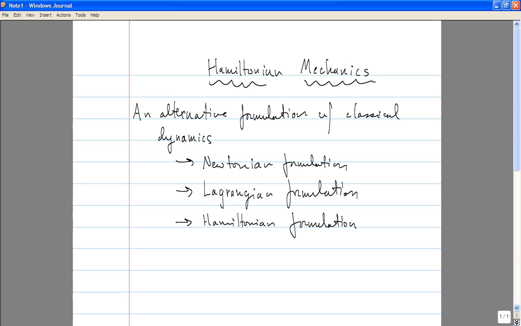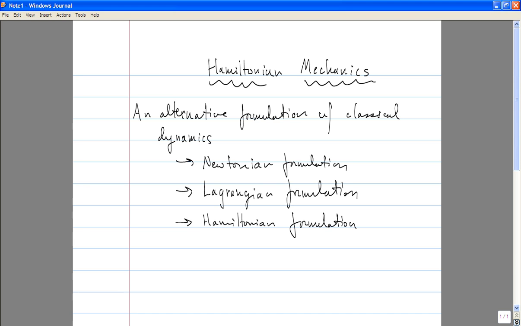Now, the advantage of the Lagrangian formulation is that it made things conceptually simpler because it allowed us to understand things like Noether's theorem and the relationship between symmetries and conserved quantities. But the Lagrangian formulation was also an extremely efficient machinery for computing equations of motion. Indeed, it was much simpler to compute equations of motion of complicated dynamical systems from a Lagrangian rather than from a Newtonian point of view.